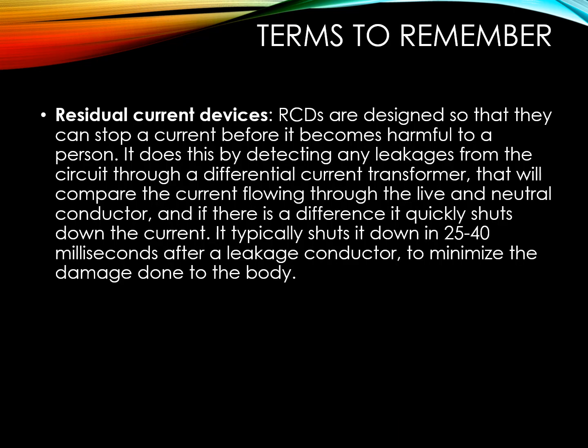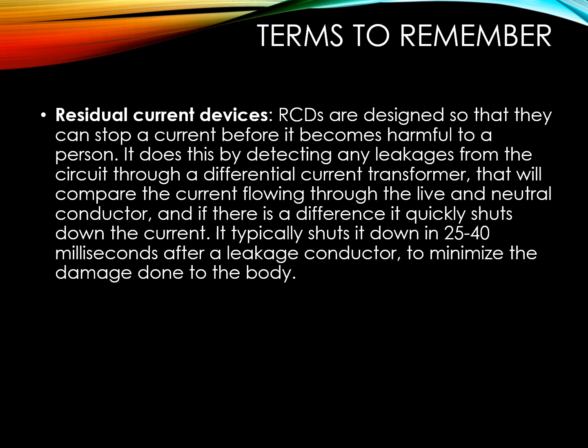The last thing that you have to remember is the residual current devices, or the RCDs, which are designed so that they can stop a current before it becomes harmful to a person. It does this by detecting any leakages from the circuit through a differential current transformer that will compare the current flowing through the live and neutral conductor.